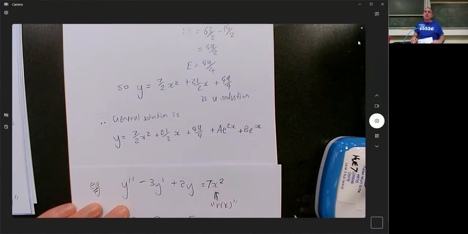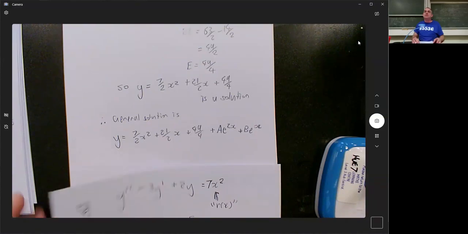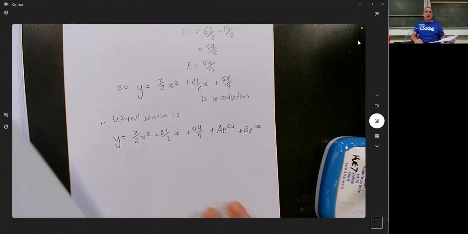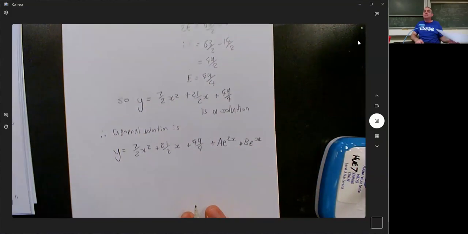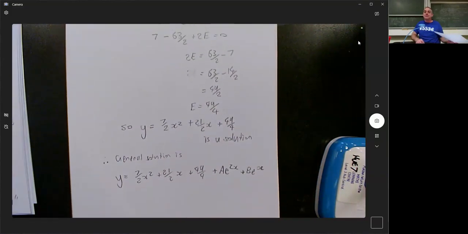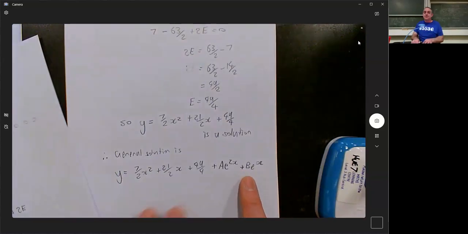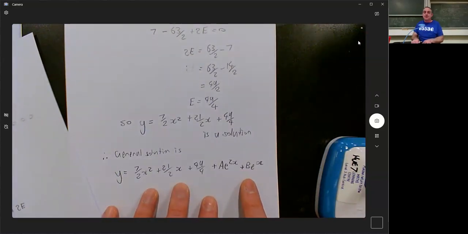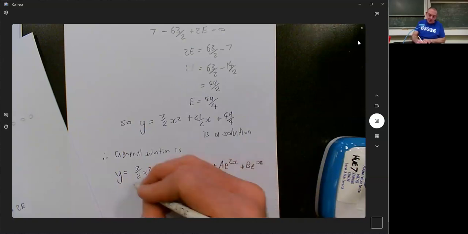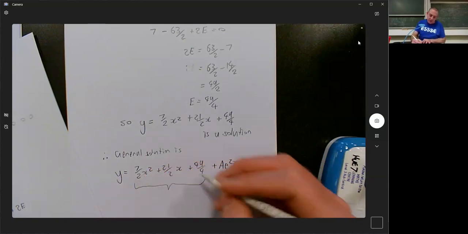How do you feel about what I did there? I'm going to go back and just say something. This line? So this was the particular solution that we just found.